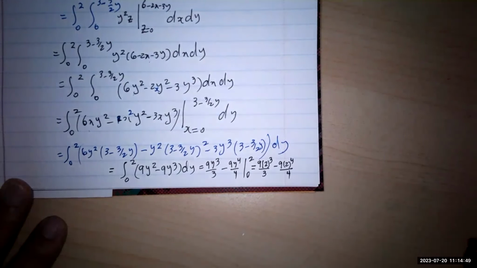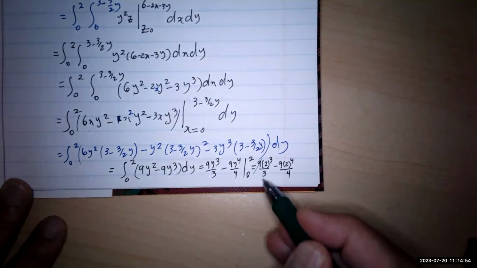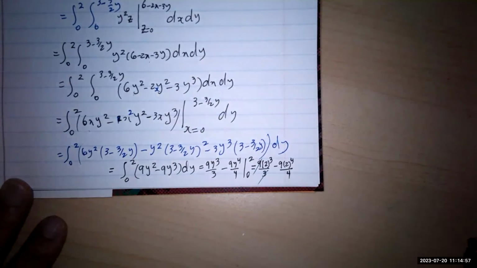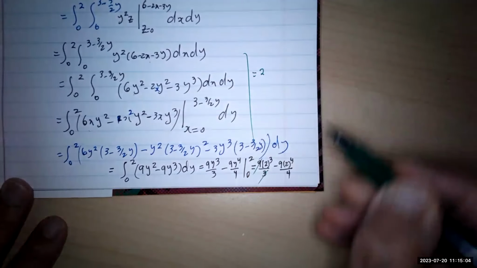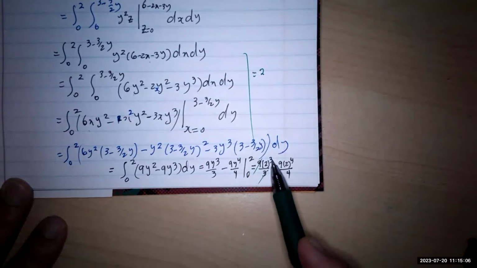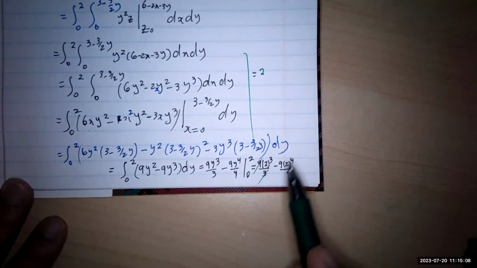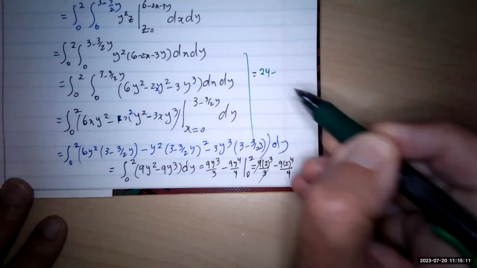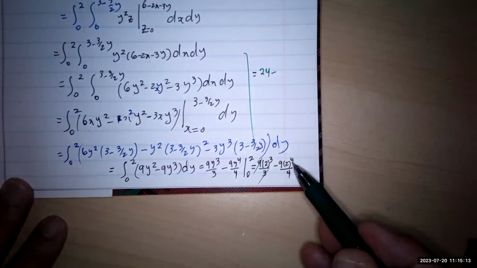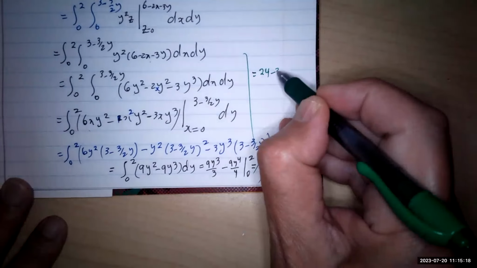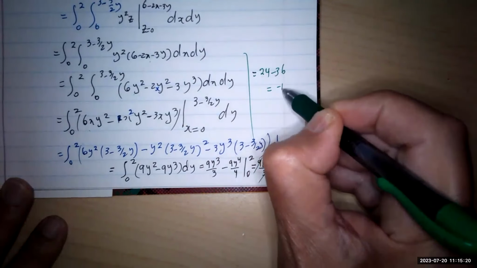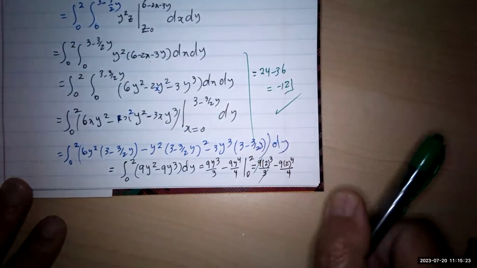So 9 over 3 would be 3. 2 cubed would be 8. 3 times 8 would be 24. Minus 2 to the 4th, 16. 16 over 4, 4. 4 times 9, 36. So the final answer is negative 12. And I give you the result.